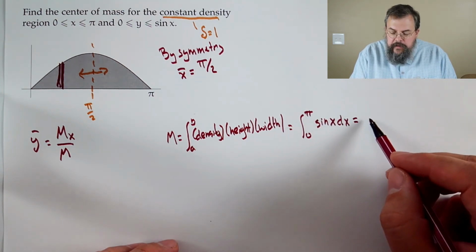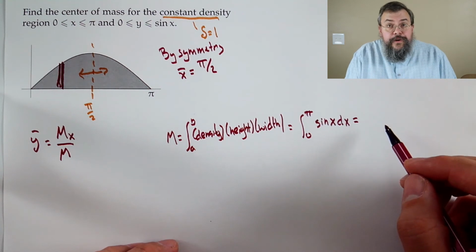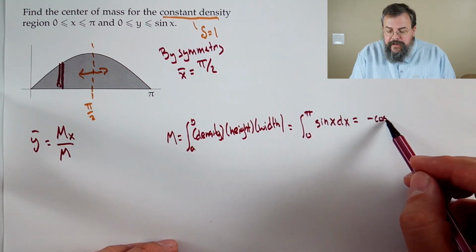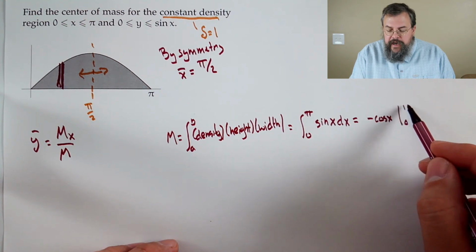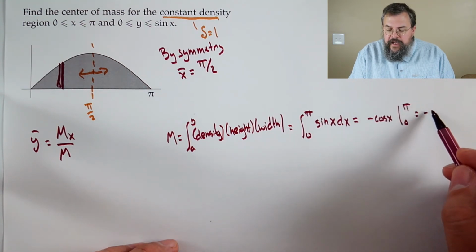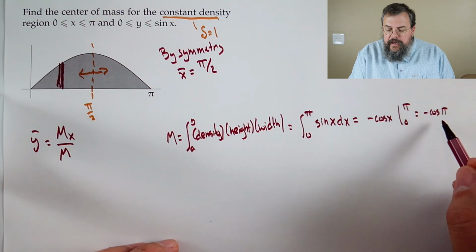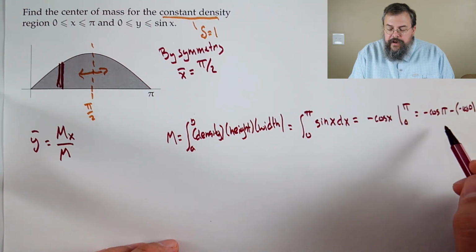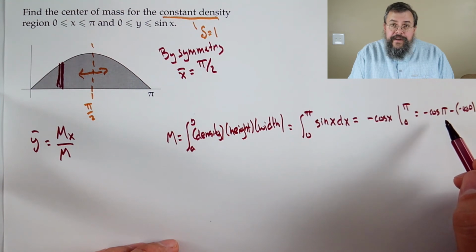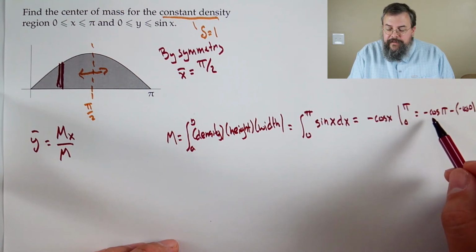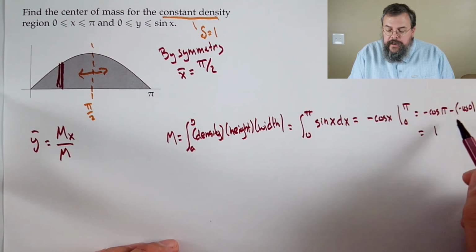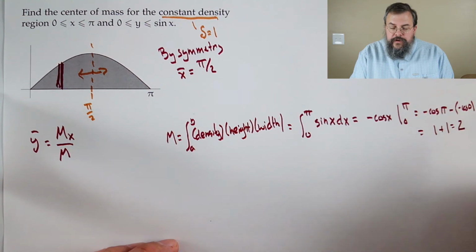Well, that's one of our 10 basic integrals we need to know. Integral of sine is negative cosine. Evaluate from 0 to pi. So that's negative cosine of pi minus negative cosine of 0. Well, cosine of pi is negative 1, so negative of negative 1 is 1. Minus makes a plus, 1, which is 2.